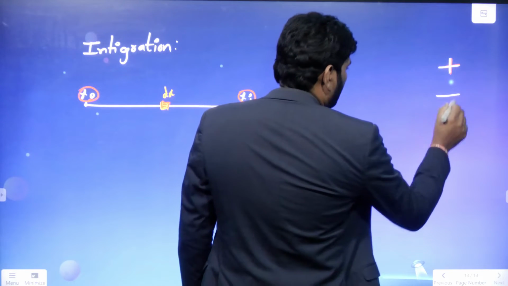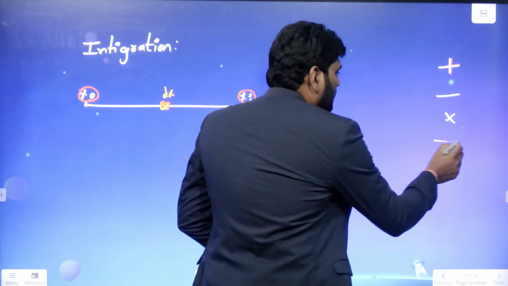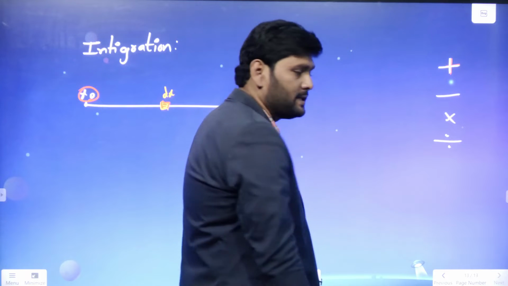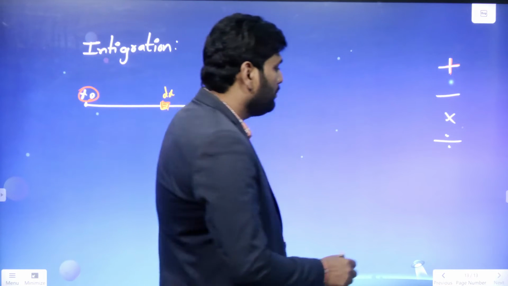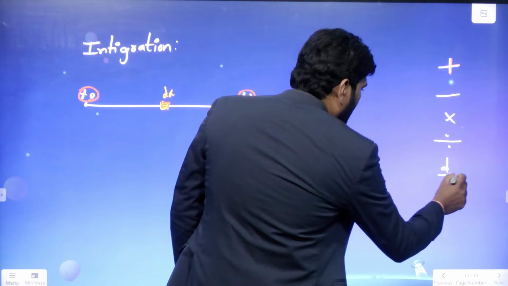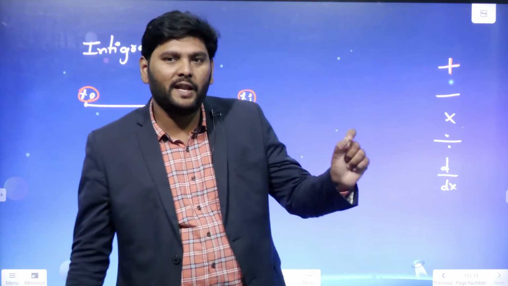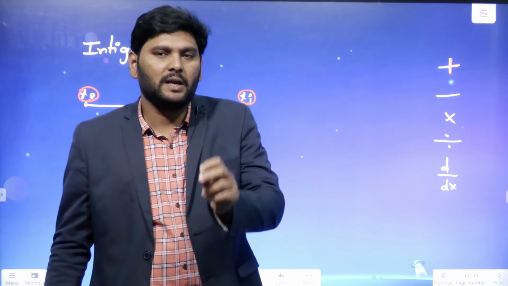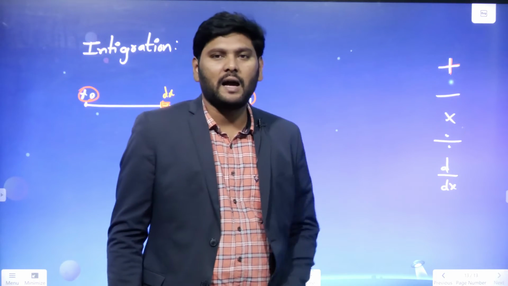This is called multiplication; by using it you can multiply two numbers. By using this operator you can divide two numbers. Similarly, by using d by dx, you will find the infinitesimally small value of the function. So this is nothing but an operator.